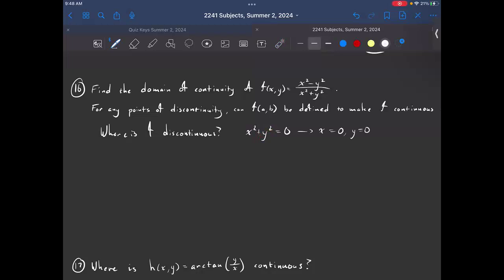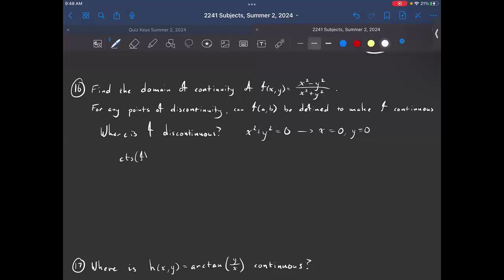And that means that the domain of continuity of f is, actually, I usually write this as CTS of f. Let's do it this way.